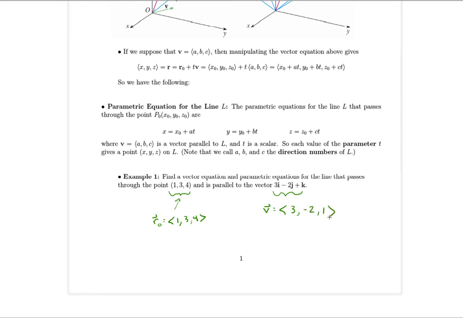Writing out the vector equation, r as a function of t is equal to 1, 3, 4, that's r0, plus t times 3, negative 2, 1. There's our v.